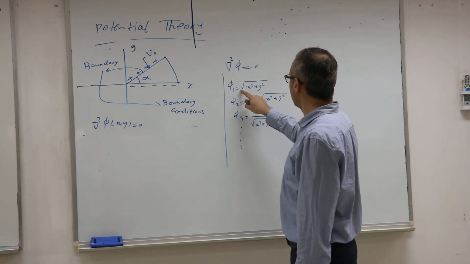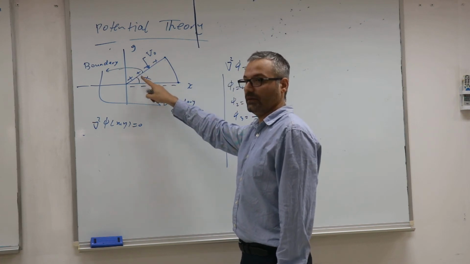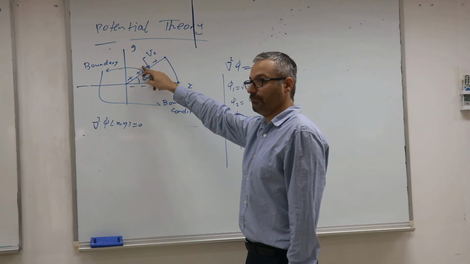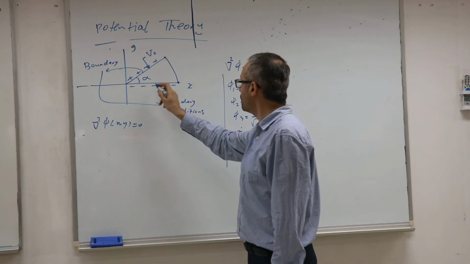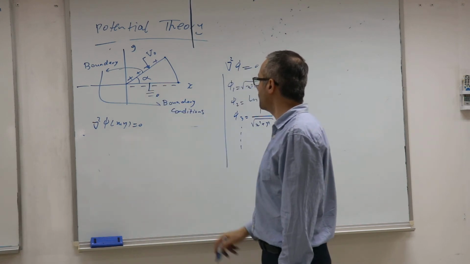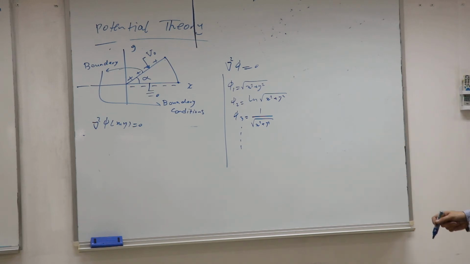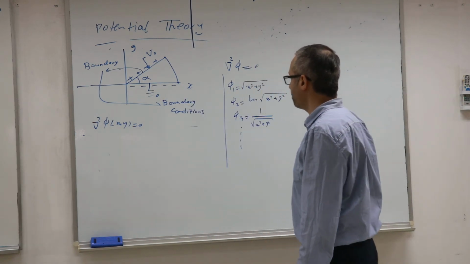No. For example, this function never can give you V0 here. This function maybe can give you V0 here, or maybe cannot. So when you have the shape for your problem, you need to specify your boundary conditions. Not all solutions of the Laplace equation can solve your problem like here.